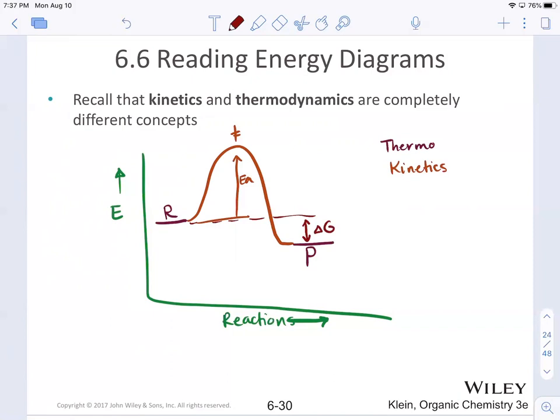Is that a good way to mass produce a molecule that's a drug? Is that an option for a biological system to respond? Whatever we're looking at, thermodynamics and kinetics is a holistic view of understanding a reaction.